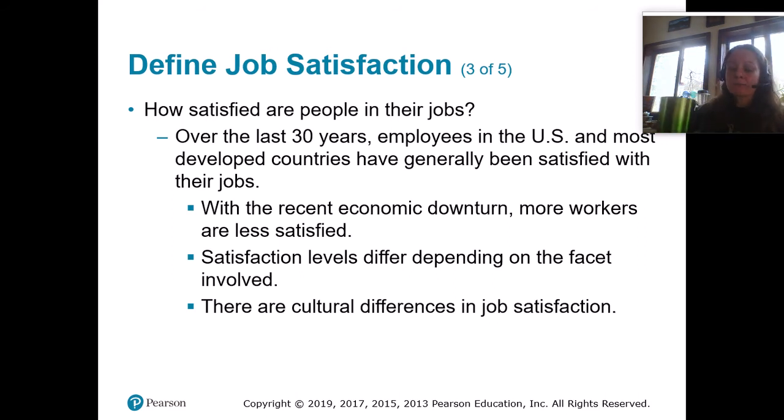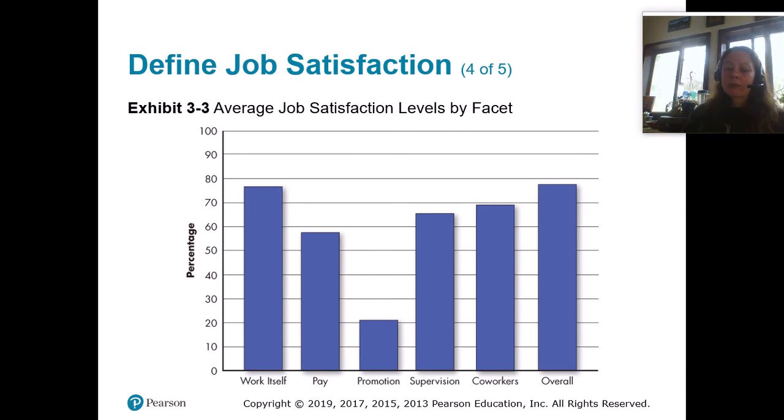And then when it comes to looking at job satisfaction, there are cultural differences. Those differences come down to the values about work that help us decide how satisfied we are with it or not.